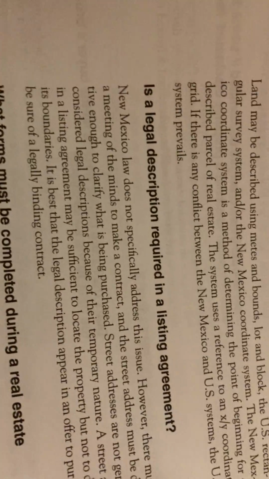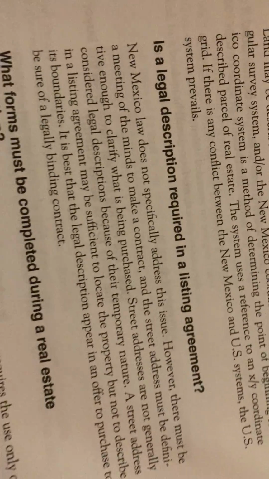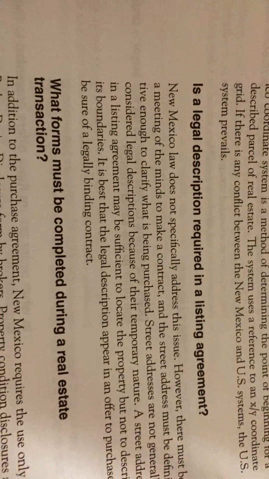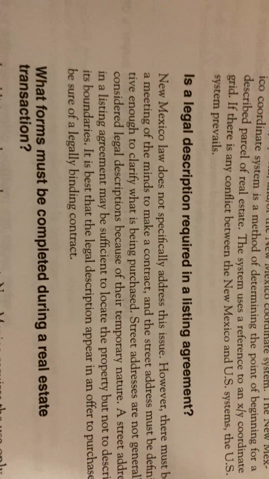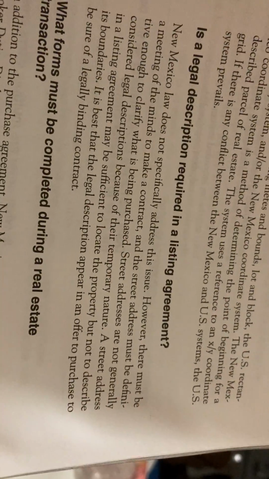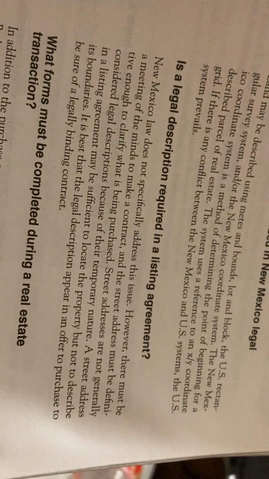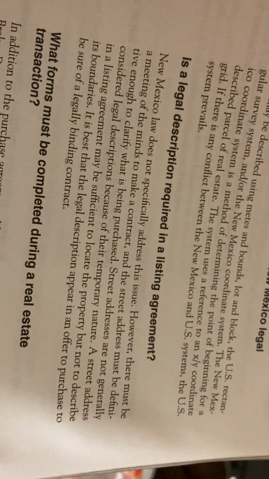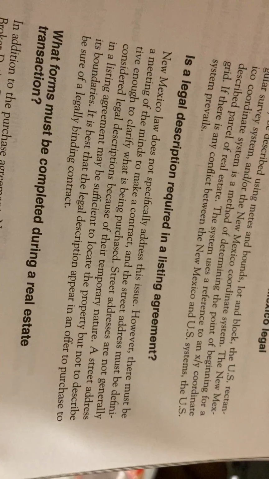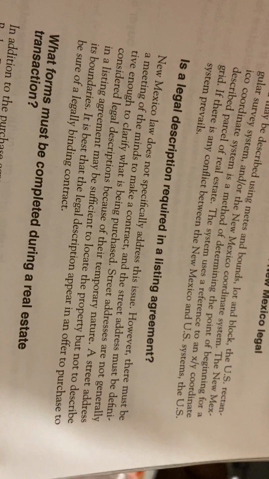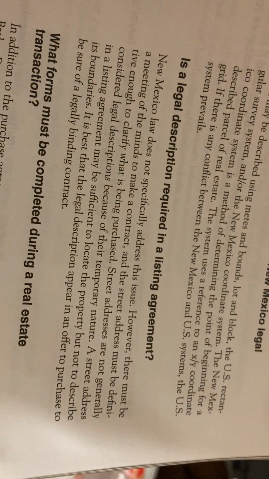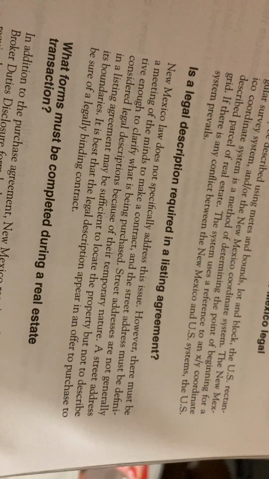Is a legal description required in a listing agreement? New Mexico does not specifically address this issue. However, there must be a meeting of the minds to make a contract, and the street address must be definitive enough to clarify what is being purchased.